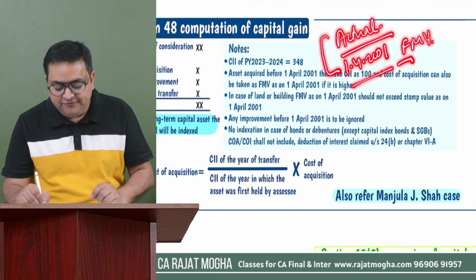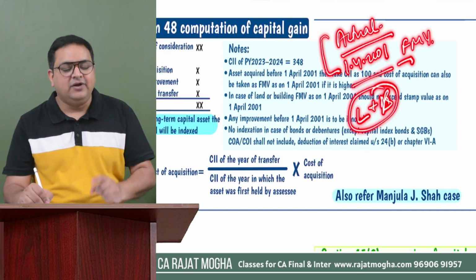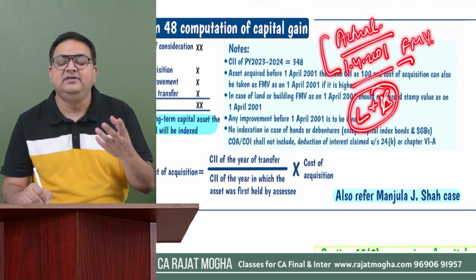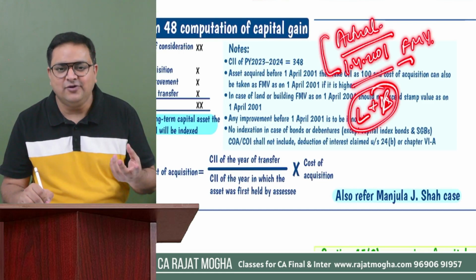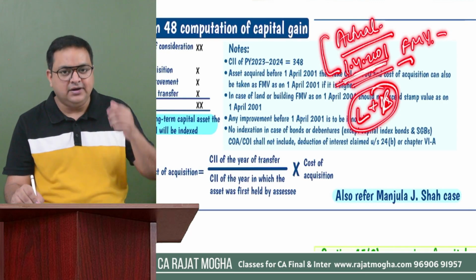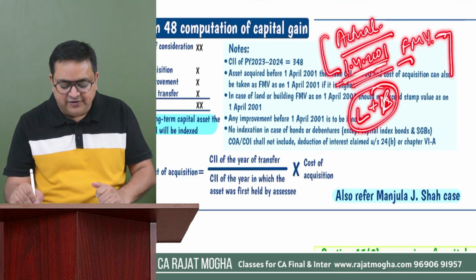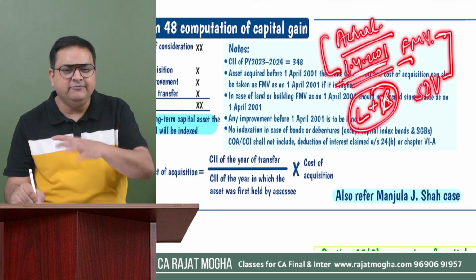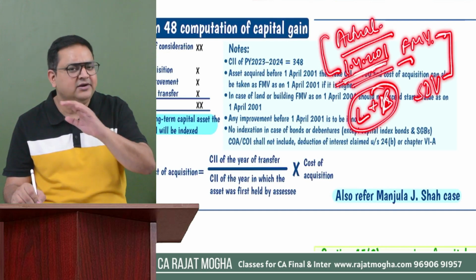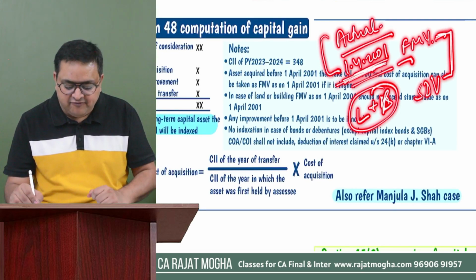And specifically for land and building, please remember. For land and building, if SDV is also given to you, SDV is what? Stamp duty value. If stamp duty value as on 1/4/2001 is also given to you, you have to compare fair market value with SDV. If stamp duty value of 1/4/2001 is not given, it's okay, you can ignore it. But if it is given, first of all compare FMV and SDV.